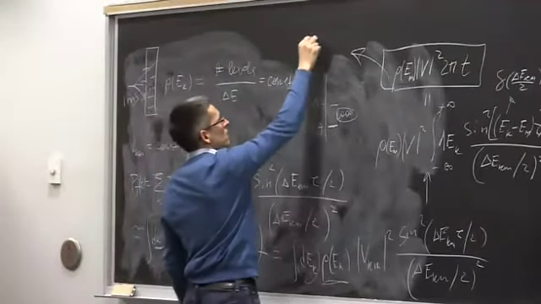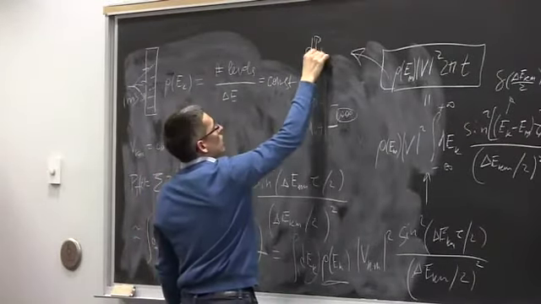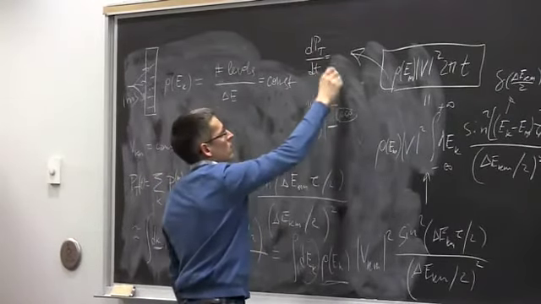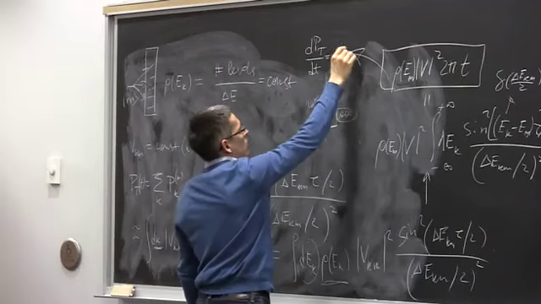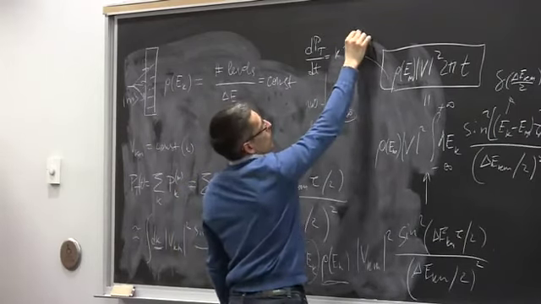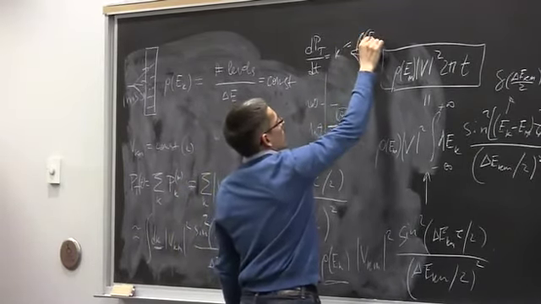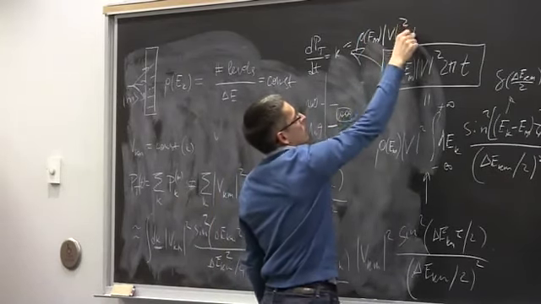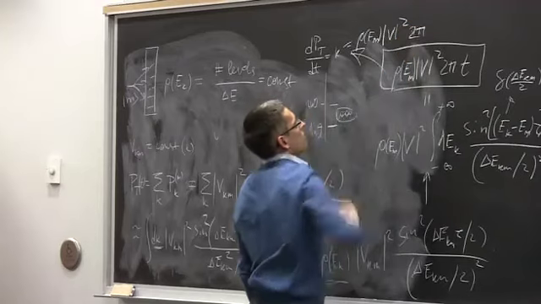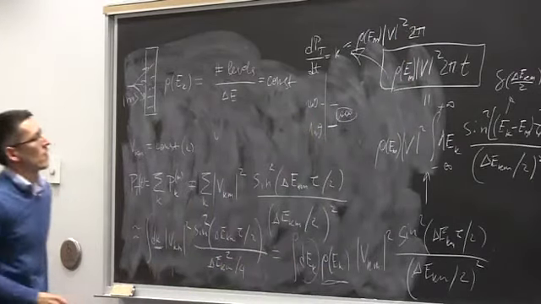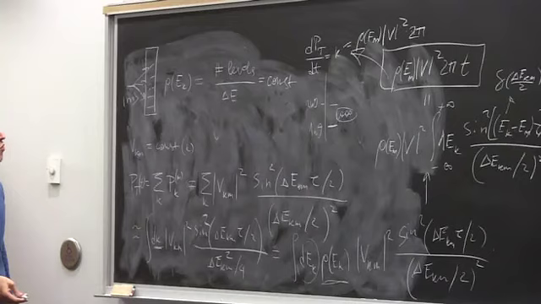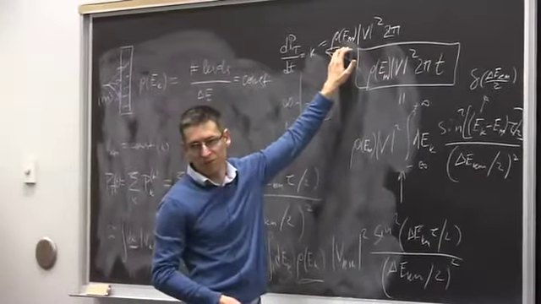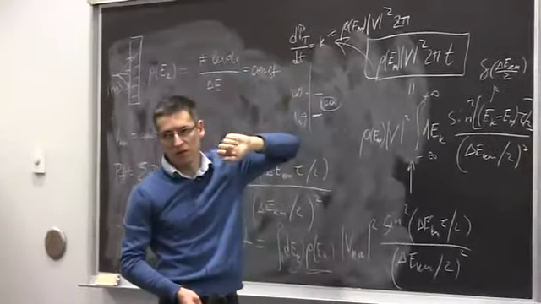So if you have dP of probability versus dt, that's just a constant, and the constant equals rho of E_m V squared times 2 pi. And sometimes it's written in the integral form where you have a delta function and the rho inside of the integral.